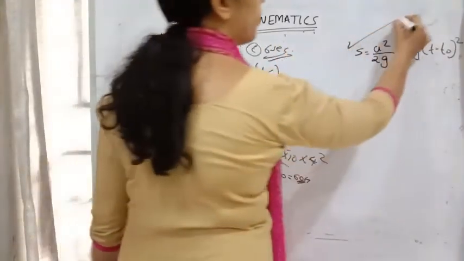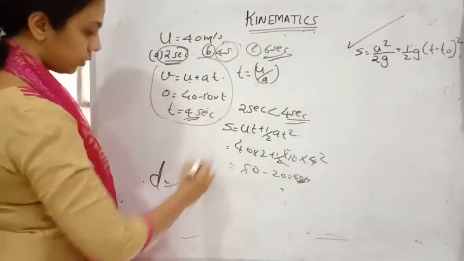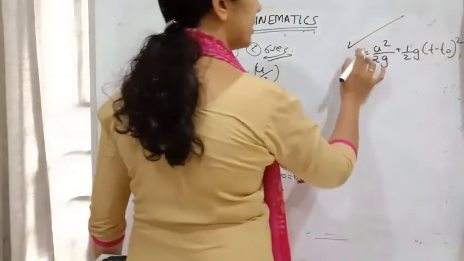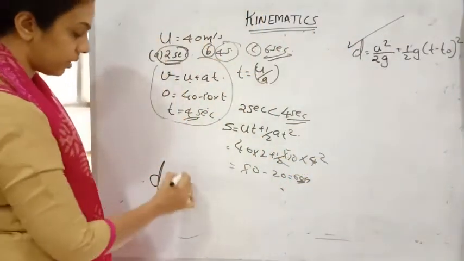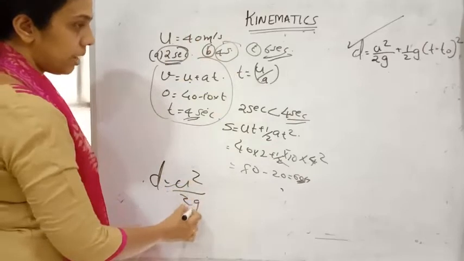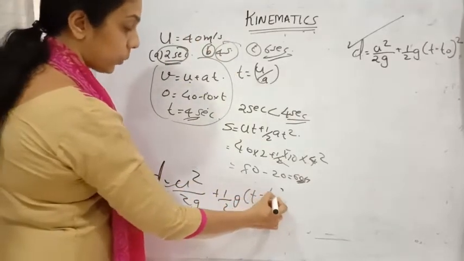So how can we find it out? Using this formula. Distance d will be equal to, so instead of s we can write d here. D equals, this is to find the distance covered, u square by 2g plus half into g into (t minus t0) the whole square.